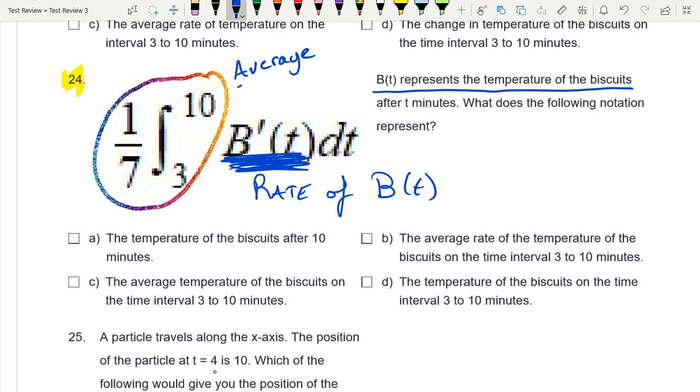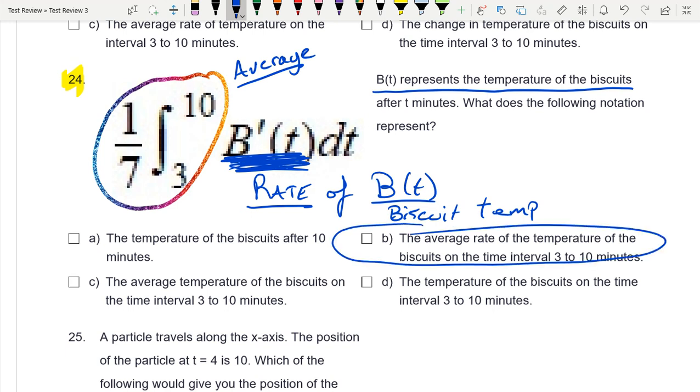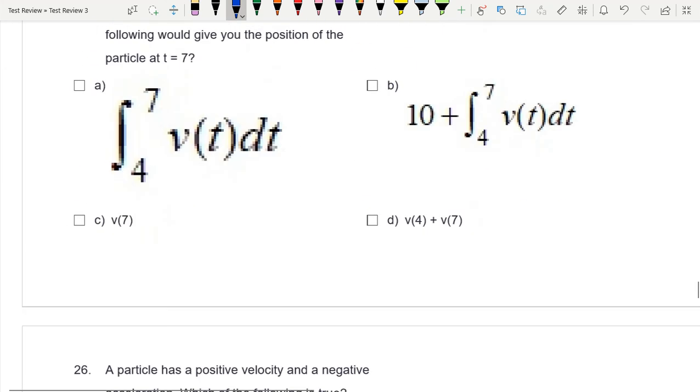So we are finding the average rate of the biscuit temperature. It's kind of a funny question, but that is what we're finding. It is the average rate of the temperature of the biscuits on the time interval from 0 to 3. It's the average of whatever you have in that integral. In this case, it was the rate of the biscuit temperature. That is why the answer is B.